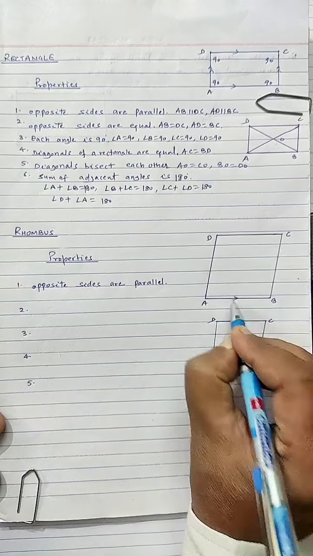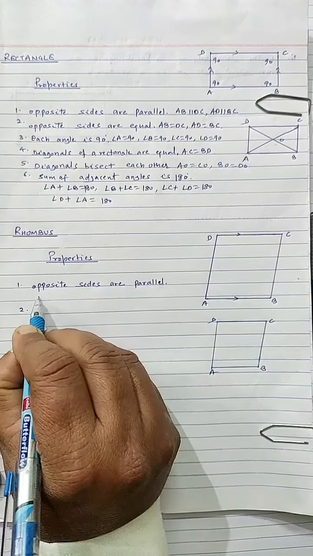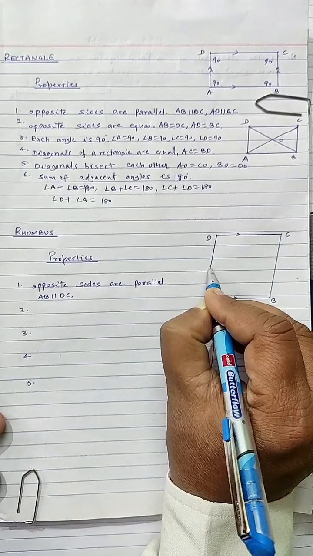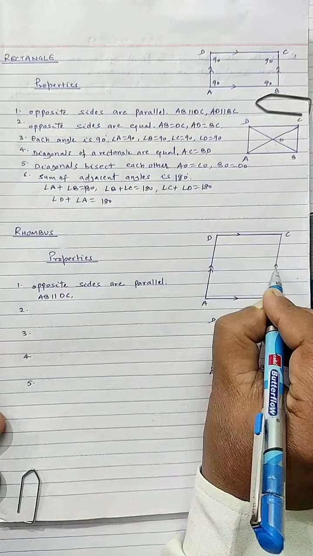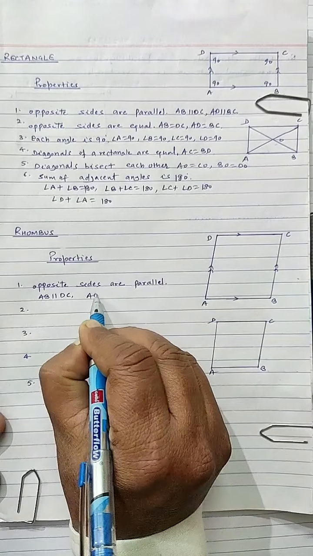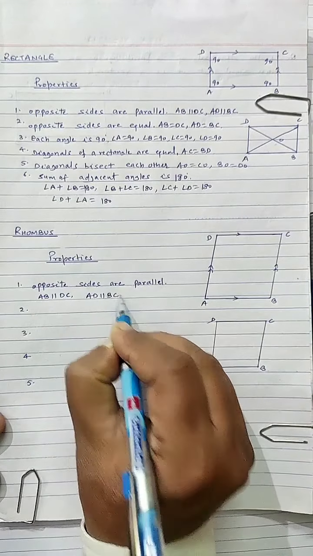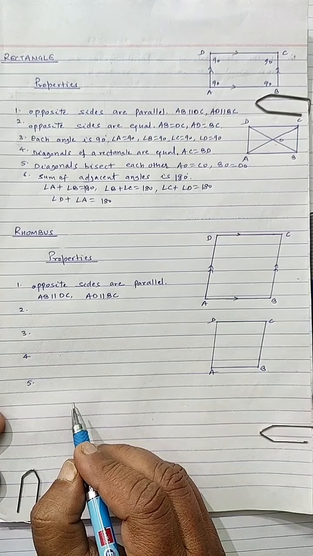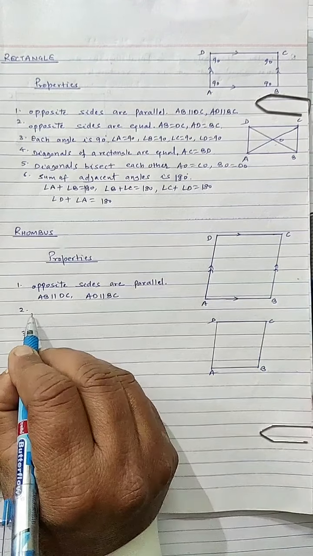That is, AB parallel DC and AD parallel BC. Next property, all the sides are equal.